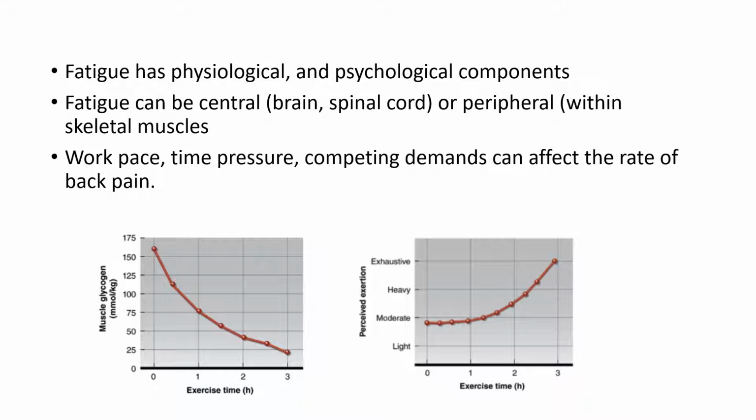We can have tissue fatigue, which means that the tissue cannot produce enough force to resist the external force and is in a failure situation. We can have muscle fatigue because of production of lactic acid and also deprivation of glycogen. We can have psychological fatigue, which can be a more sophisticated component.